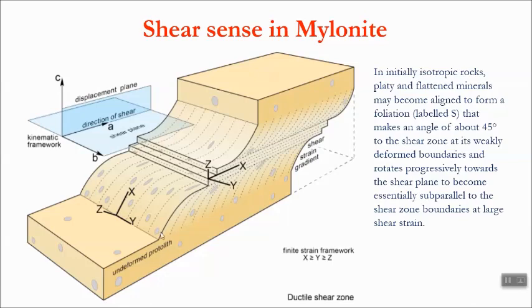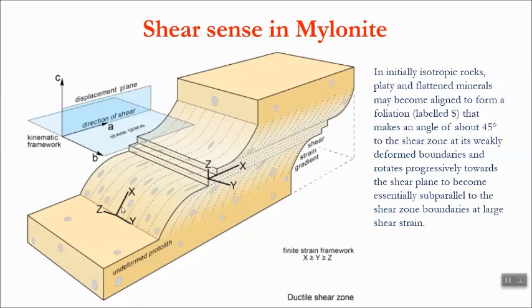Now if we consider any ellipse here, the ellipses located in this particular plane have their long axis like this, but as we go near the center of this shear zone, these ellipses get rotated, and in the shear plane itself, the long axis of the ellipse is towards this direction.